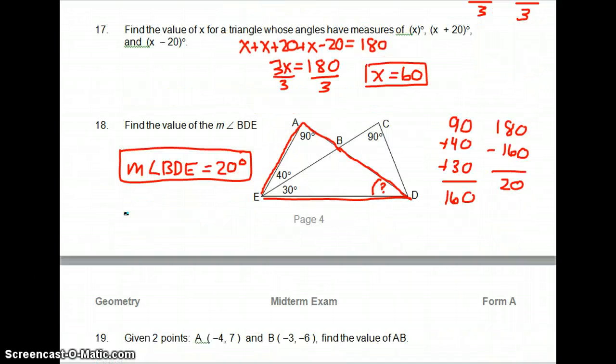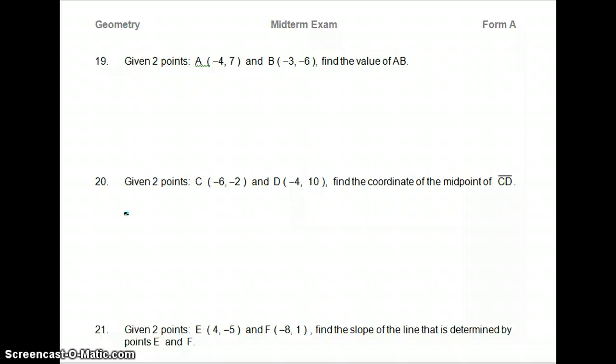That's 18. Number 19. Given 2 points, A and B, find the value of AB. Well, we've got points here, so we know we're going to use the distance formula. Distance equals square root of x sub 2 minus x sub 1 squared plus y sub 2 minus y sub 1 squared.